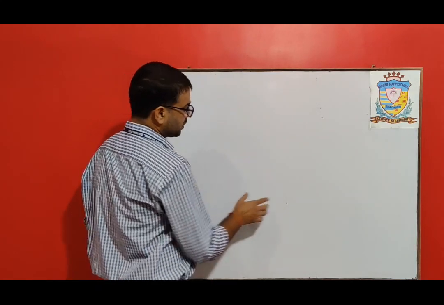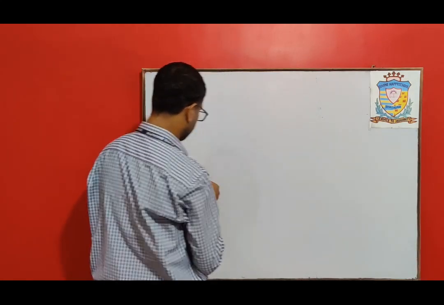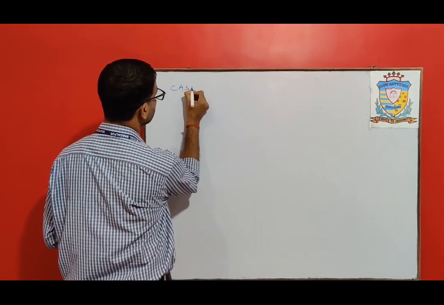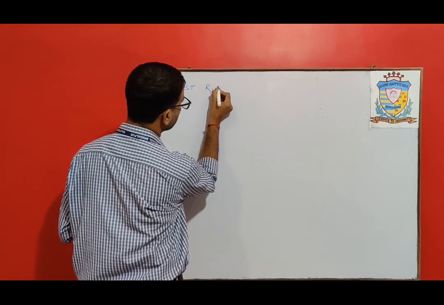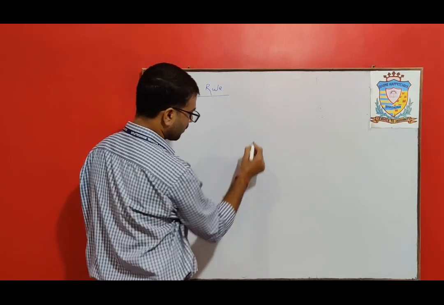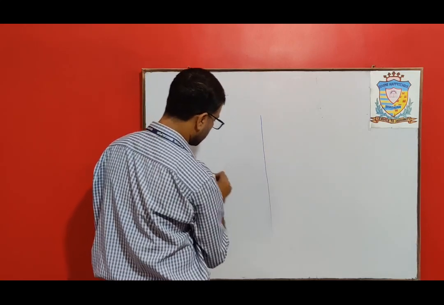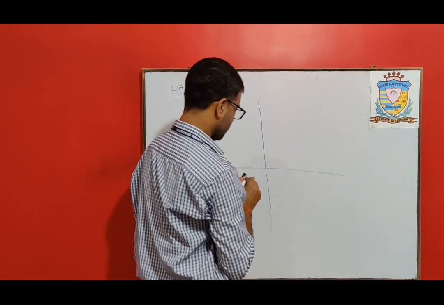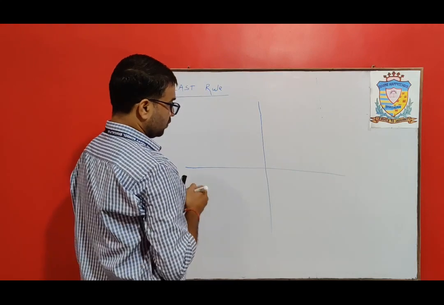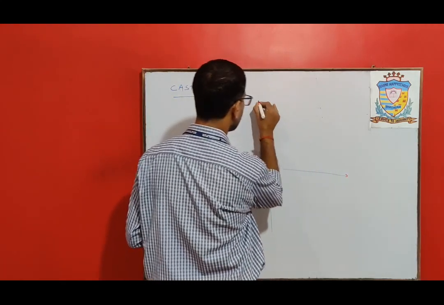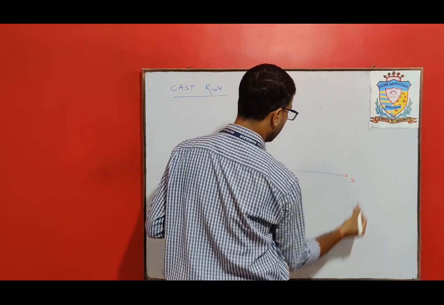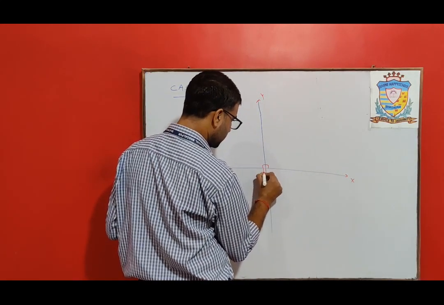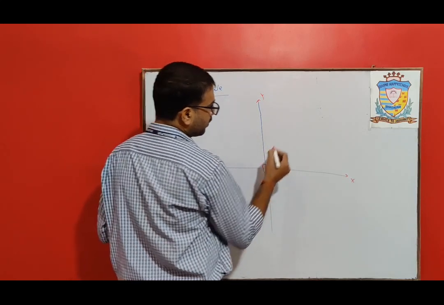Next is the CAST system, the CAST rule. Here are the angles 90, 90, 90.